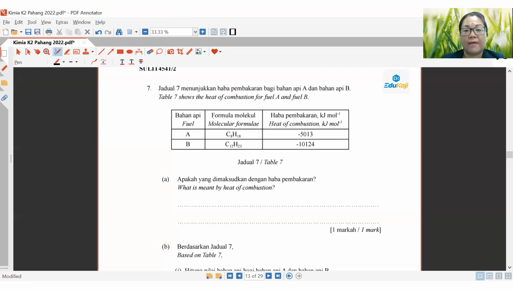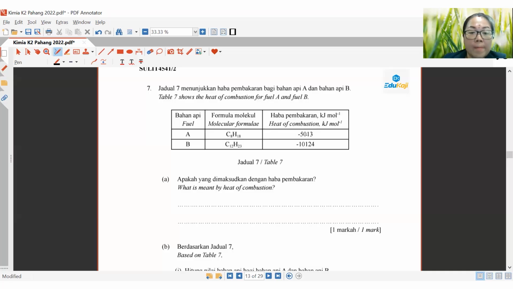All right, now let's look at question 7, which is on thermochemistry, in the 3rd chapter of Form 5. Table 7 shows the heat of combustion for fuel A and fuel B. Fuel A has a molecular formula of C8H18, which is what we call octane, and its heat of combustion is negative 5,013 kilojoule per mole.